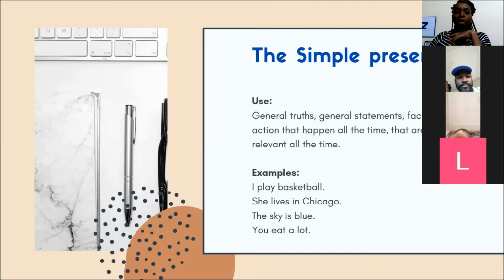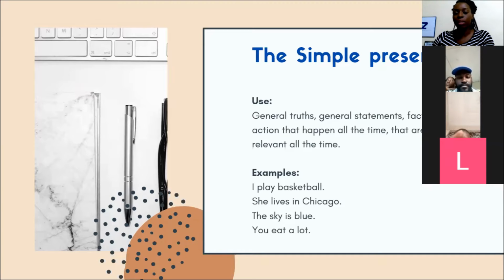For example, if I say, I play basketball, that is a habit because I am a basketball player. I play basketball all the time. That's what I do. So you use the simple present. She lives in Chicago. It's also a habit.